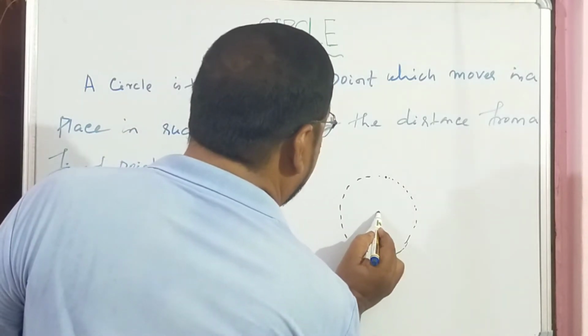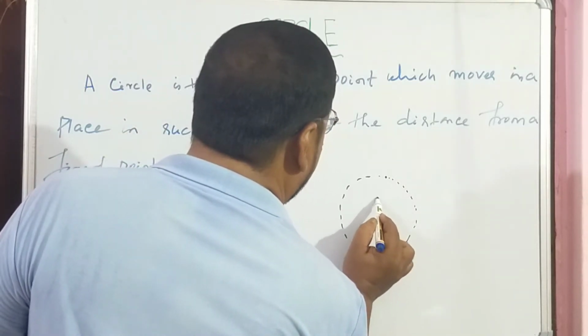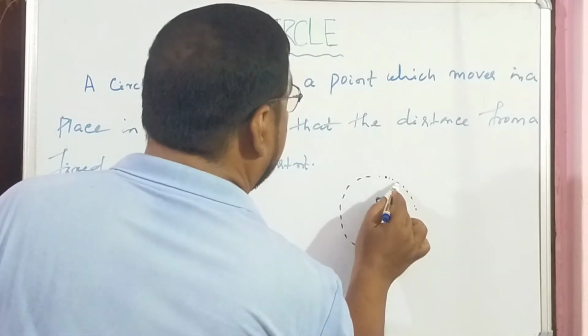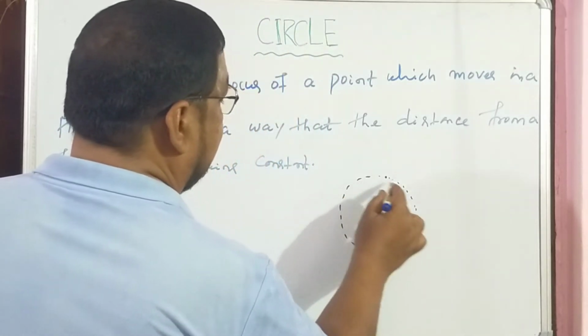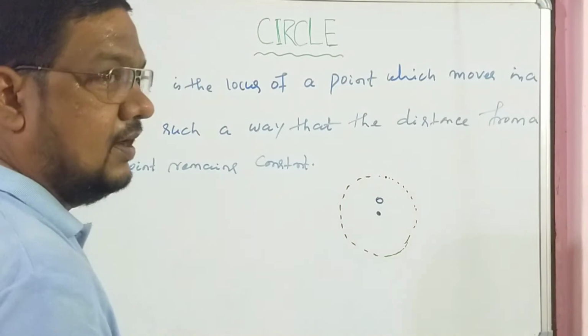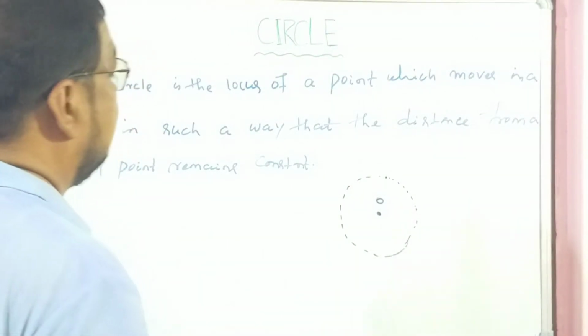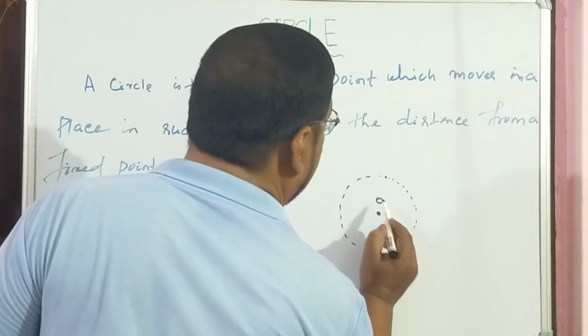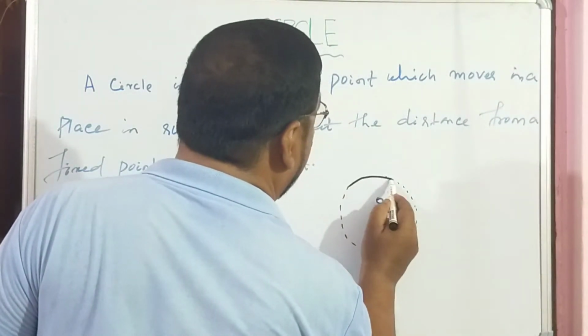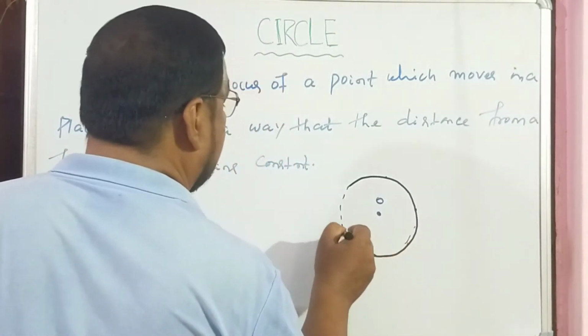Suppose O is the fixed point, and this point moves in a path in such a way that its distance is always constant. If we join this, it will be a circle.